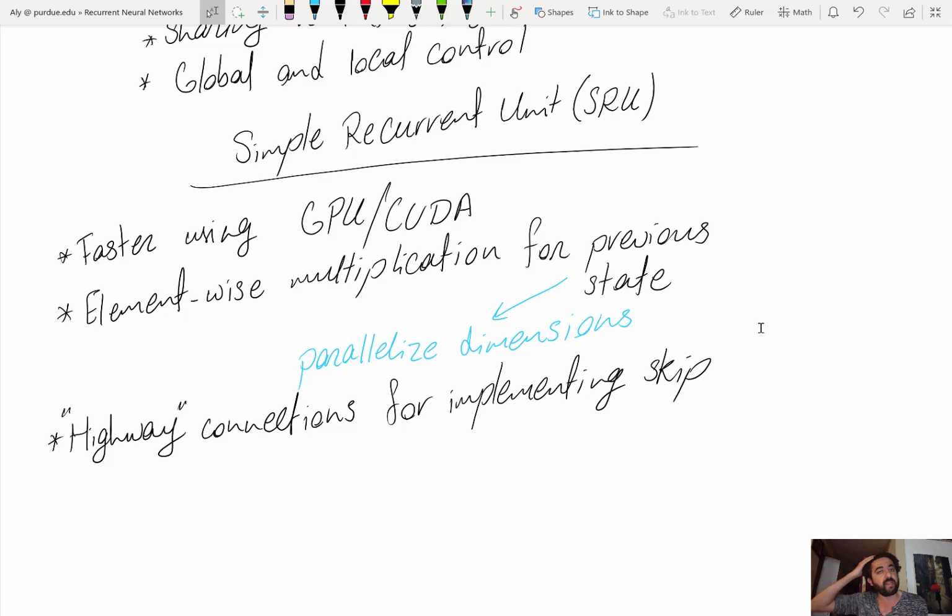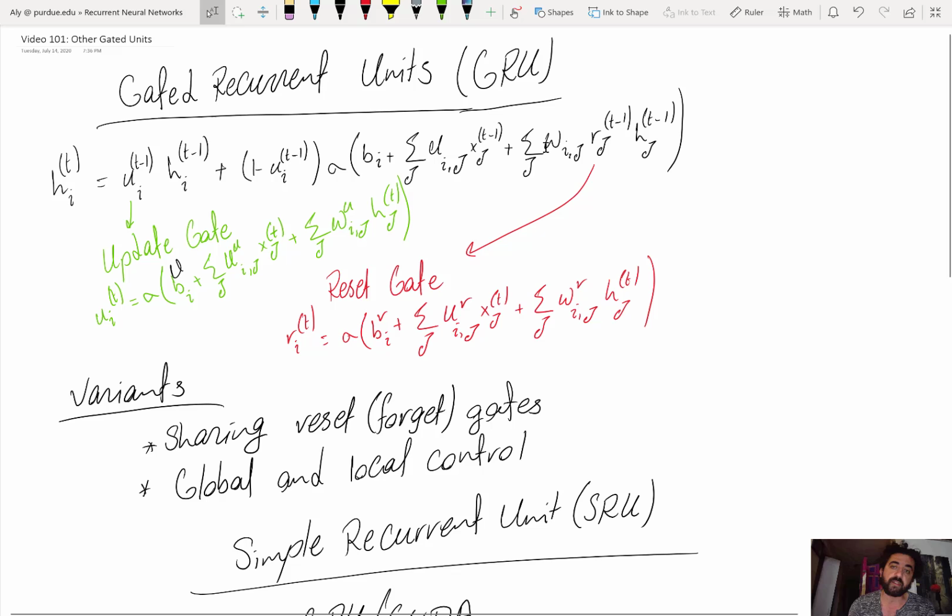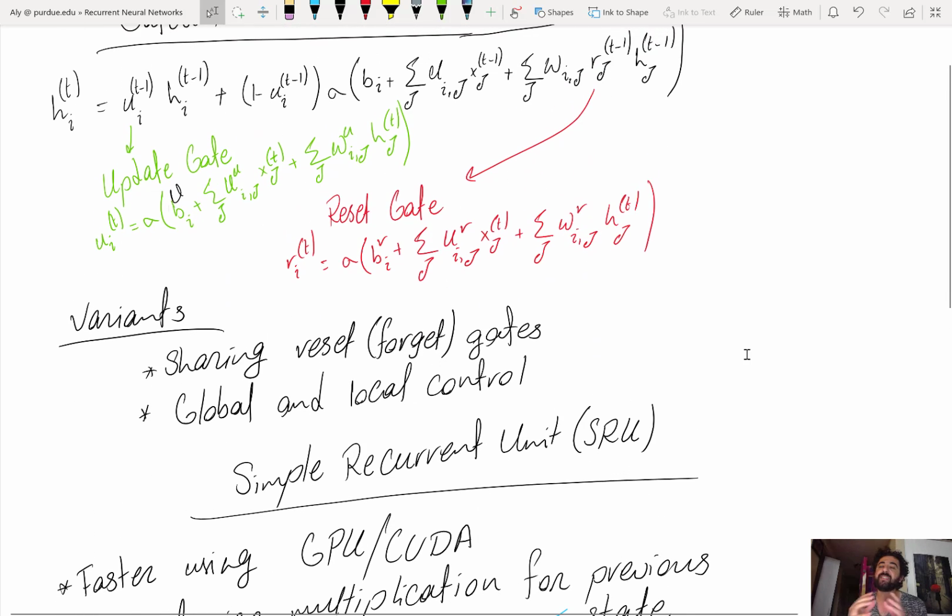The main mechanism in simple recurrent units that makes it faster is the multiplication by the previous state. This Wij matrix when multiplied by Hj of t minus 1 is not done as a multiplication that depends on all the dimensions of the previous state simultaneously. It's done through element-wise multiplication.